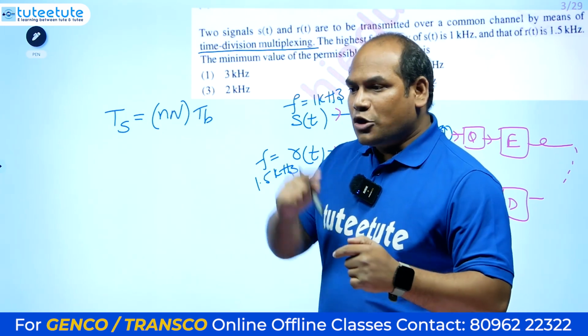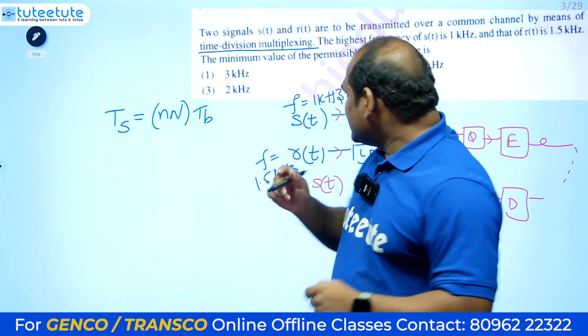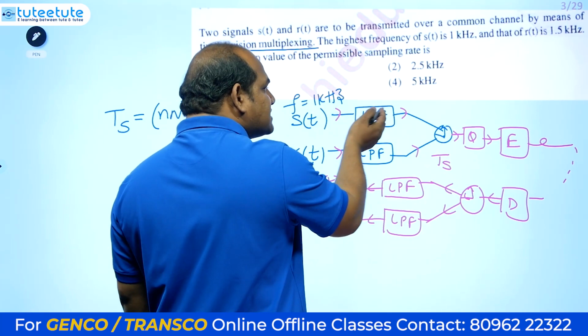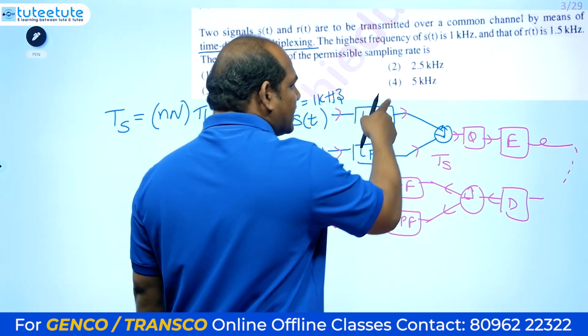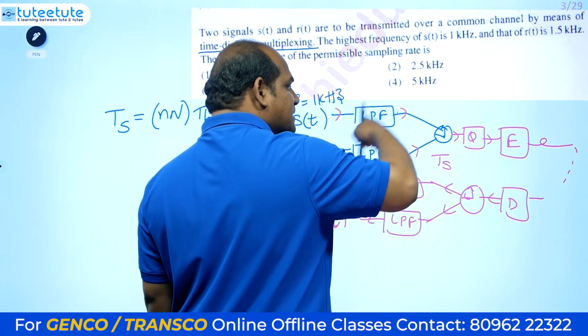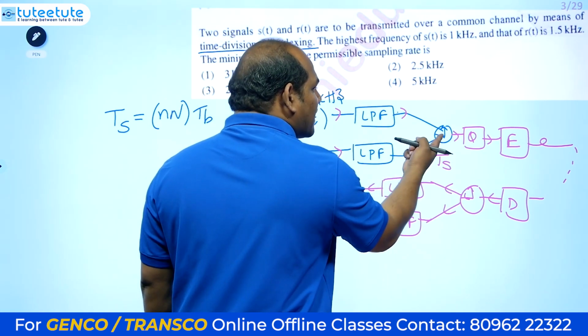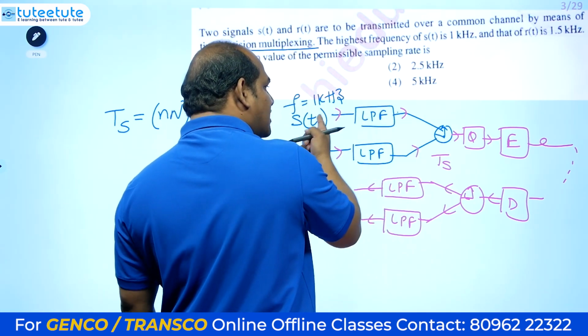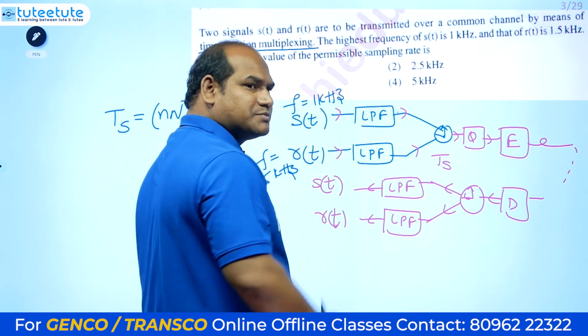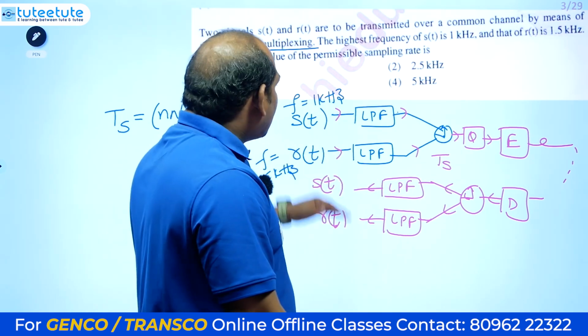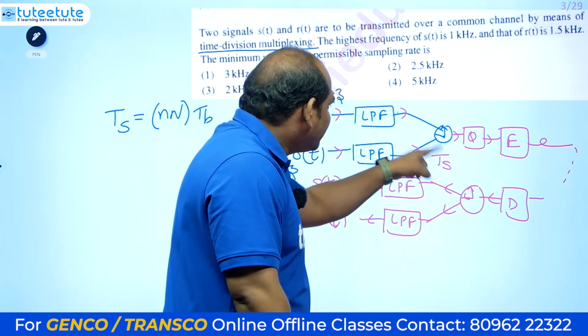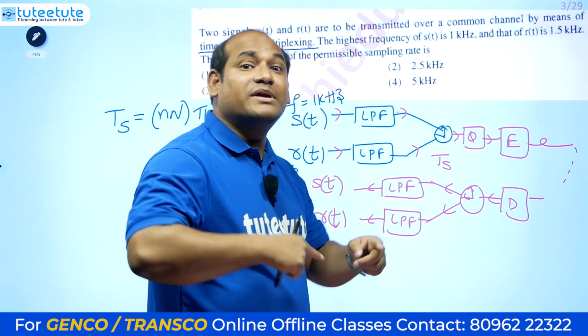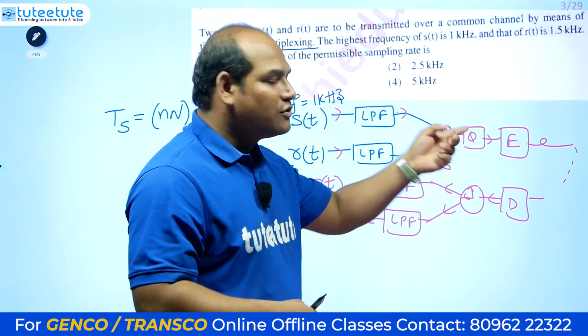Two signals are there. Within one TS rotation, one sample will be available at each signal one time only: one time at S of t and one time at R of t. Whatever sample we get from S of t will be converted into n bits using the encoder.